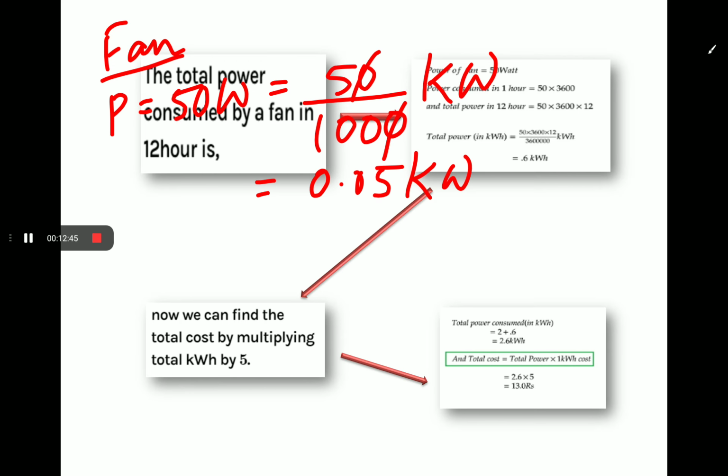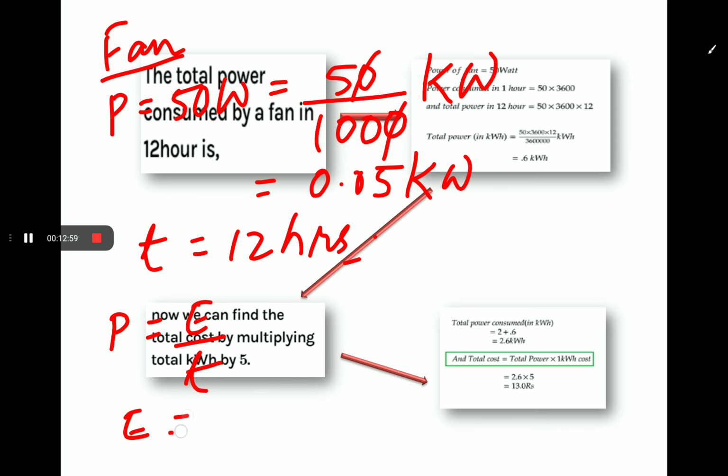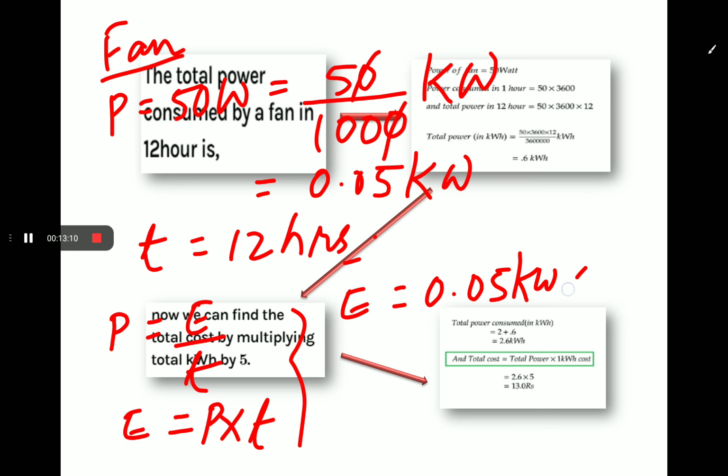This is the power. And now the time, it is used for 12 hours. Here the formula is power is equal to energy by time, and from this equation we can calculate energy is equal to power into time. So energy is equal to 0.05 kilowatt power multiplied with 12 hours and it becomes 0.6 kilowatt hour.